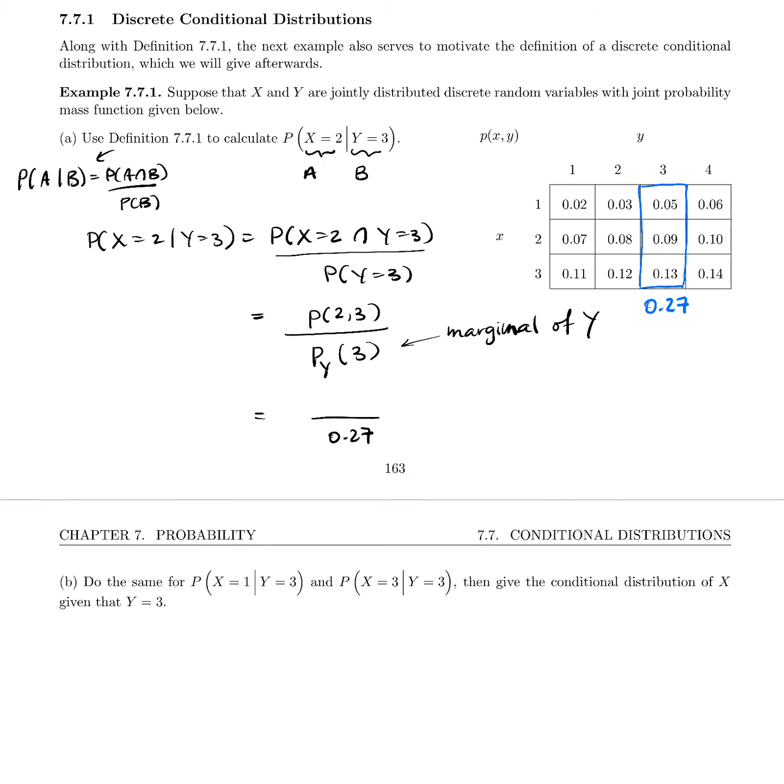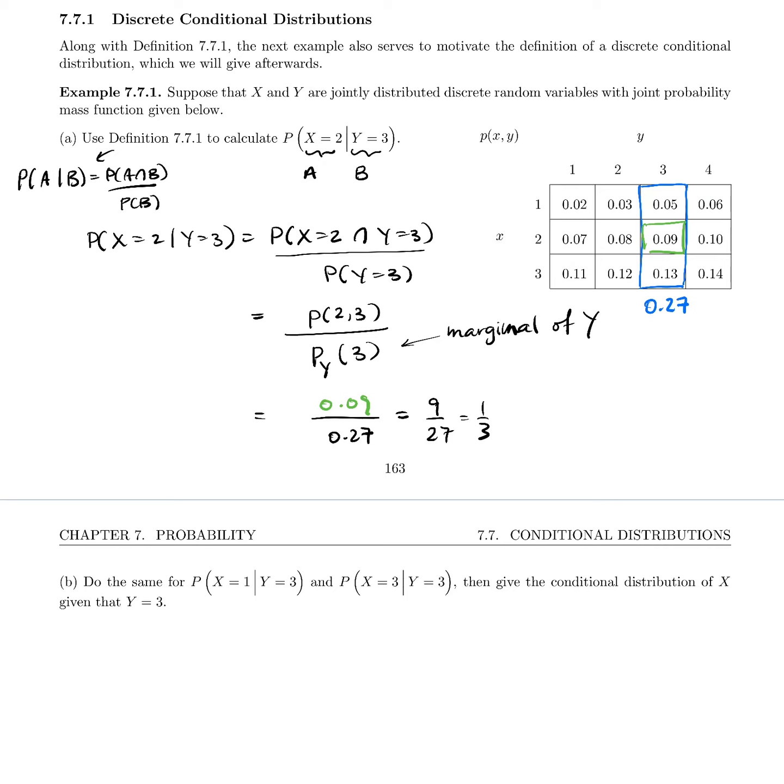The numerator is where Y is equal to 3 and X is equal to 2, p of 2, 3, which is exactly here. That value of 0.09 is our numerator, so in fraction form that's 9/27 or 1/3.